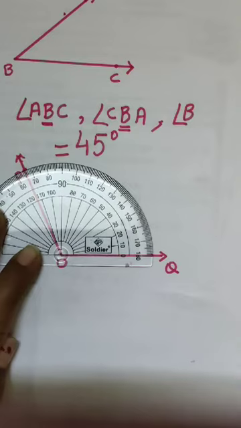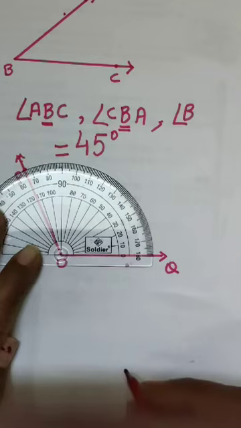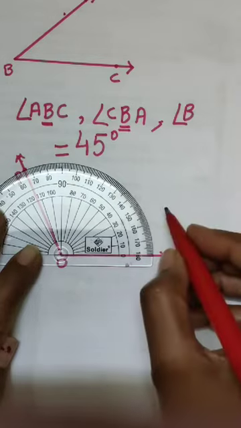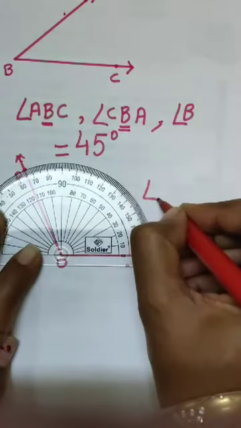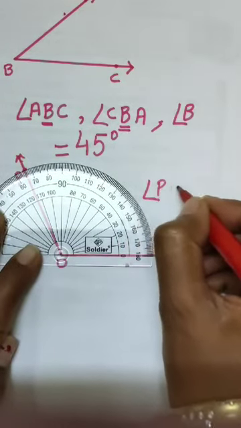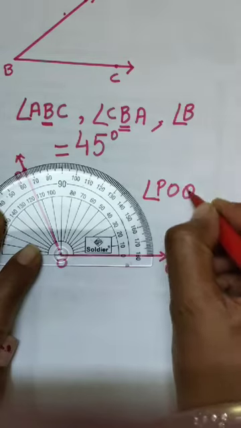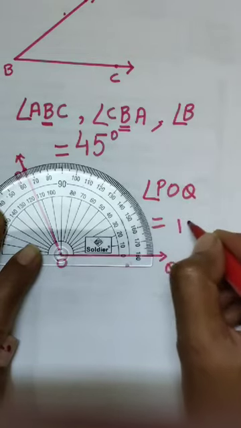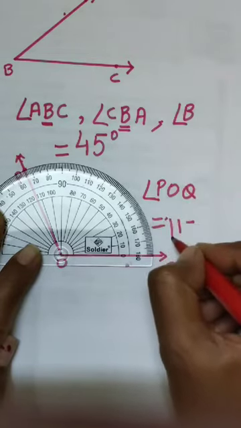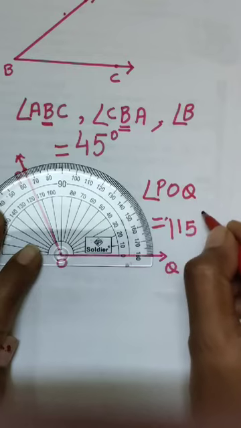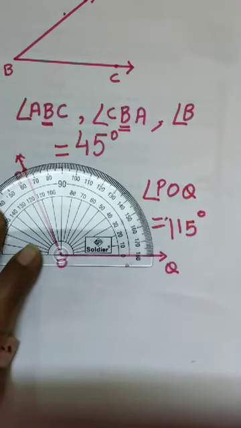What will come between 110 and 120? It is 115. Okay, so how will you write it down? You will write angle POQ equal to 115 degree. Clear?